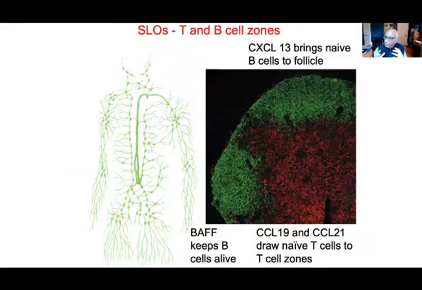So if you want to analyze a human disease, one thing we have to do is to look at lymph nodes. And lymph nodes, as you know, have both T cell zones and B cell zones. And we need to be looking at lymph nodes in the context of disease, because the immune response that causes a disease is likely to arise from a draining lymph node. You might have factors in the tissue, but then the draining lymph node is important.